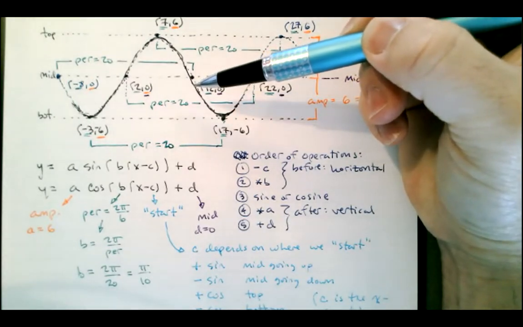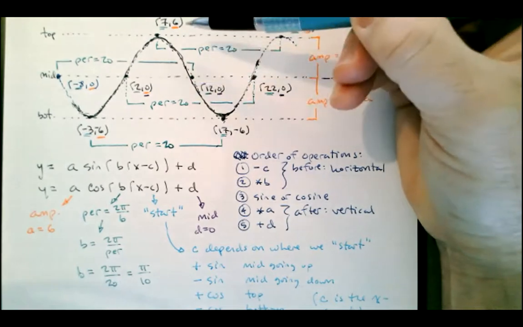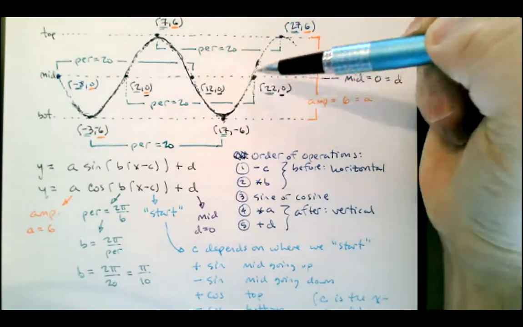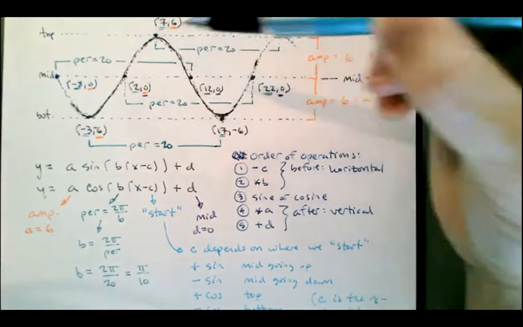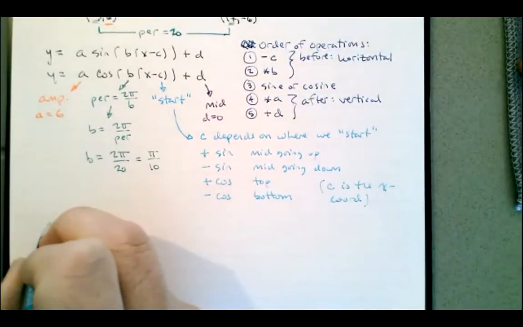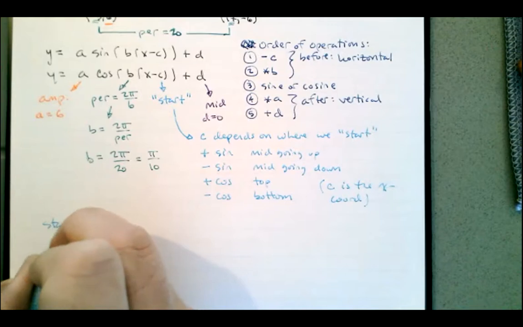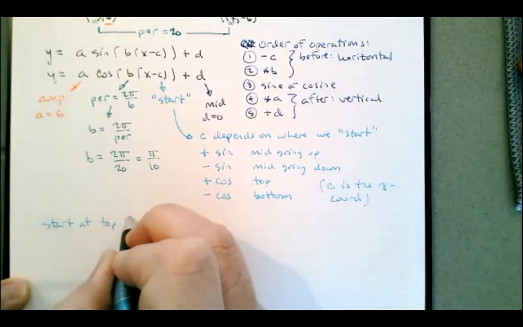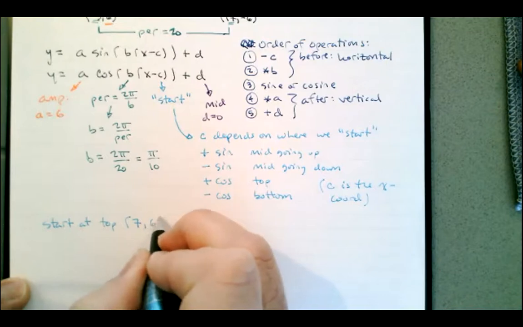I choose positive cosine. Imagine that this graph starts at 7, 6, and I'm going to write an equation that starts at 7, 6. So I'm going to start at the top. And I pick a top point, 7, 6.